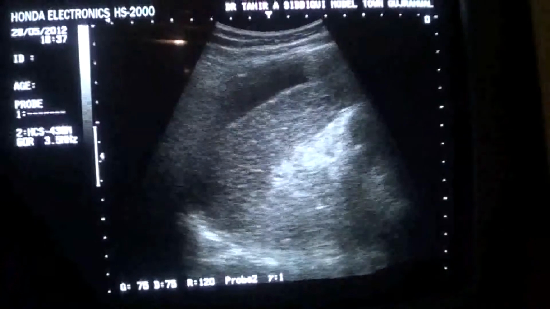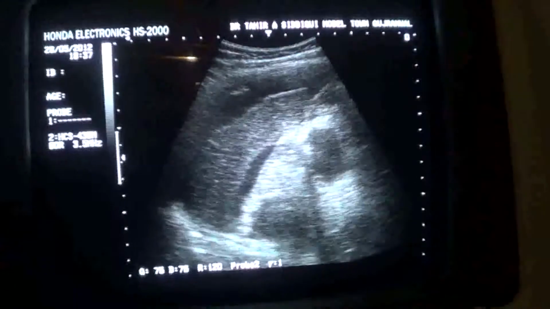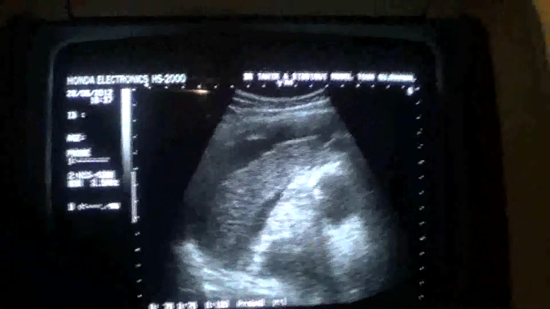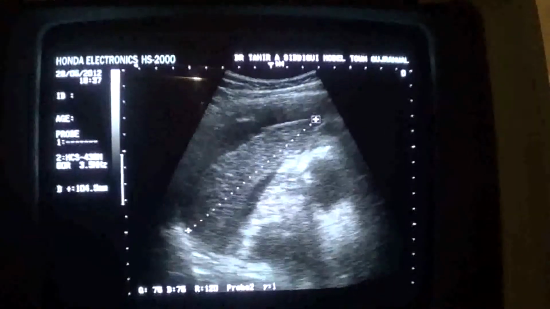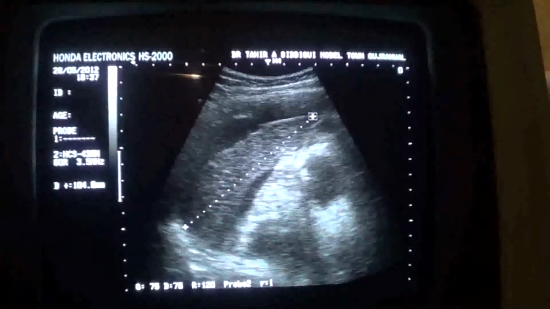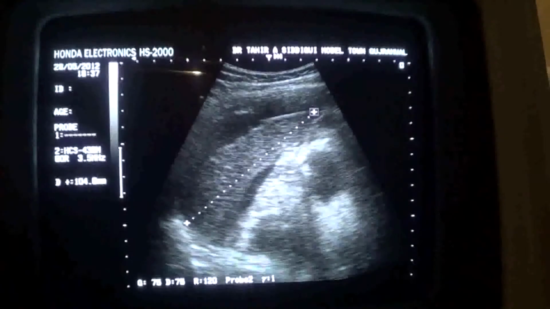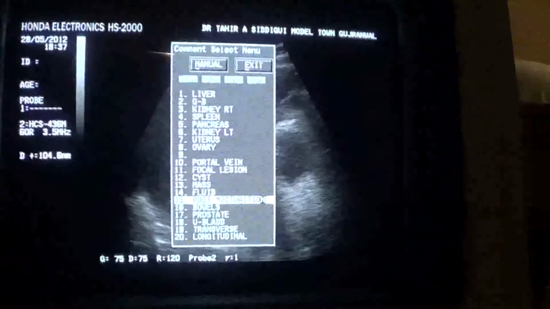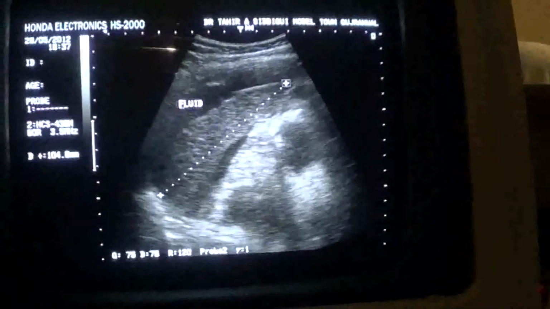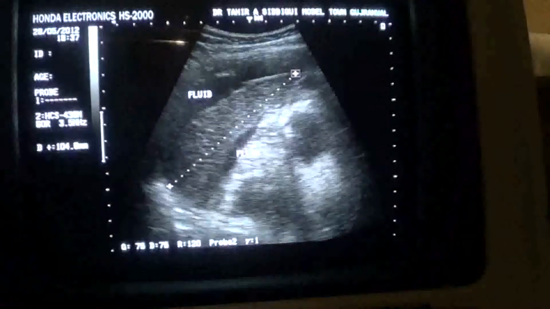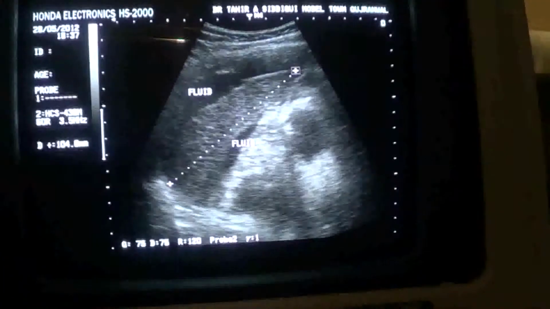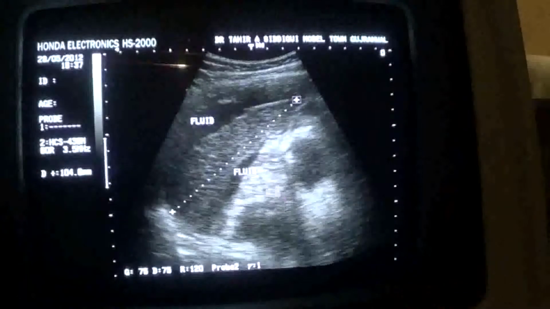This is the total spleen in length with fluid. It measures 10.4, which is normal in length. This is the fluid, and rest all are bowels.